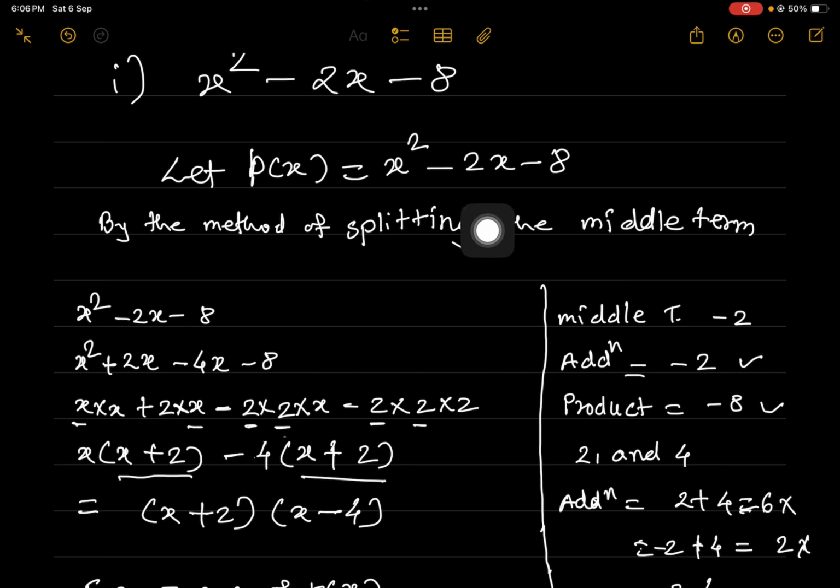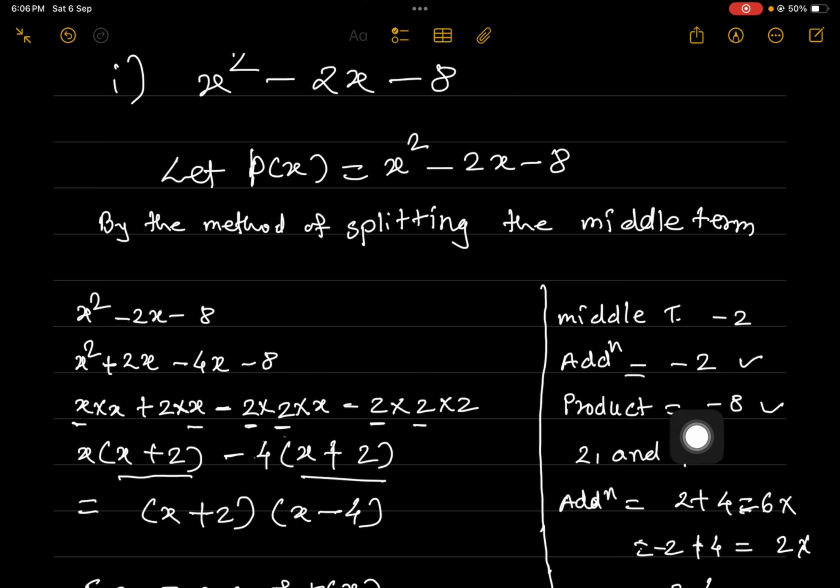Their sum is minus 2 and their product is minus 8. Here the coefficient of x square is 1, and the constant is minus 8, so the product of the coefficient of the first term and the constant term is minus 8.